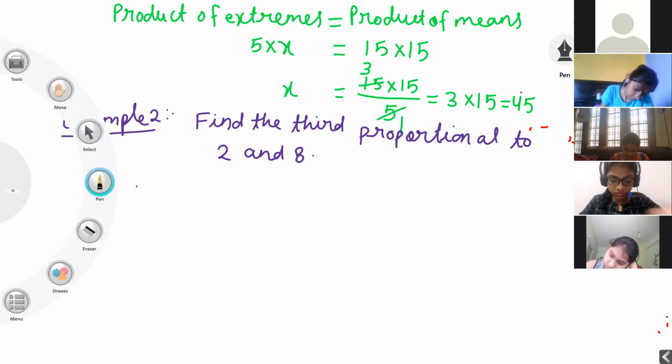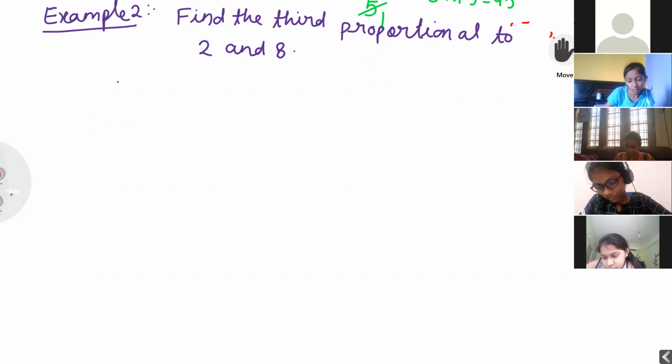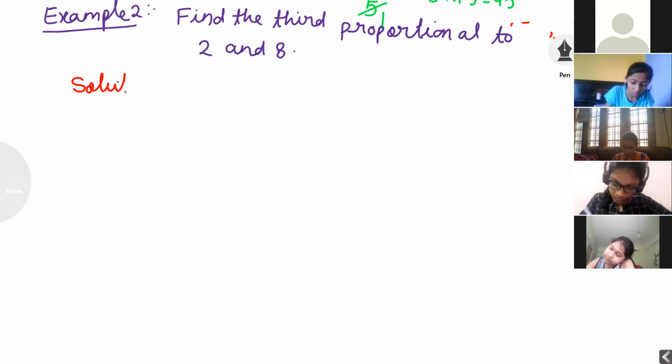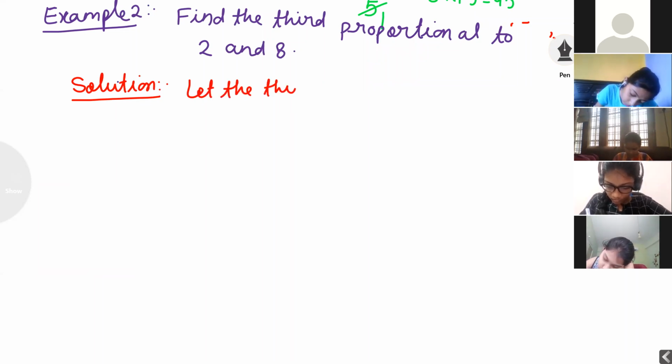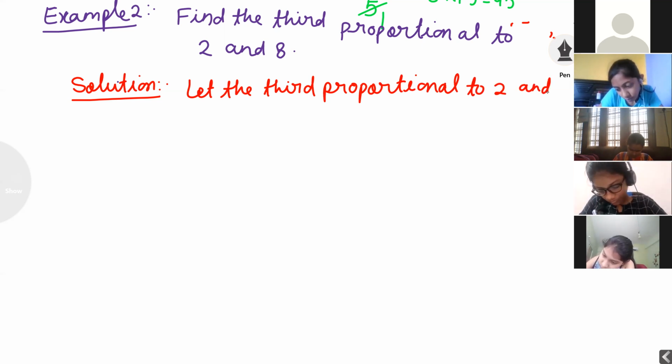Let the third proportional to 2 and 8 be x.